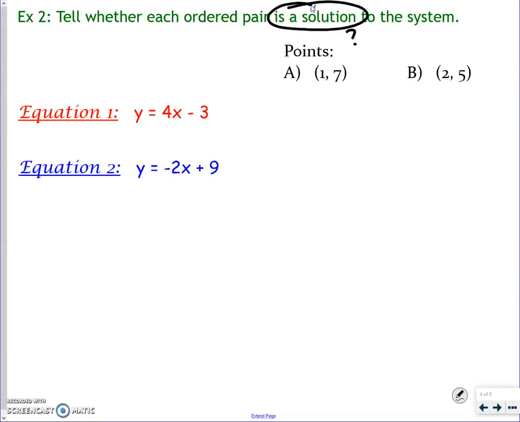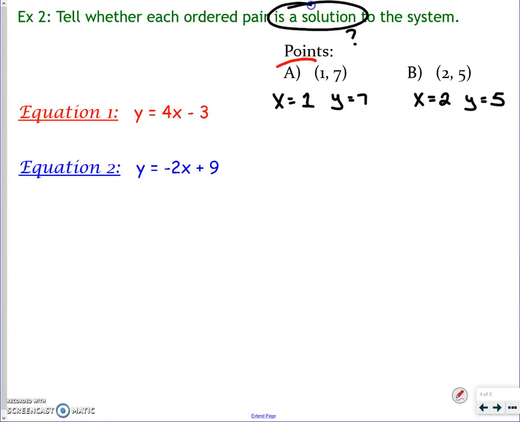We need to remember that that means they said x equals 1 and y equals 7. And another person said, well, I got the answer of x equals 2 and y equals 5. We have to determine who is correct. So we can do this without using a graph. We can plug these directly into our equations.